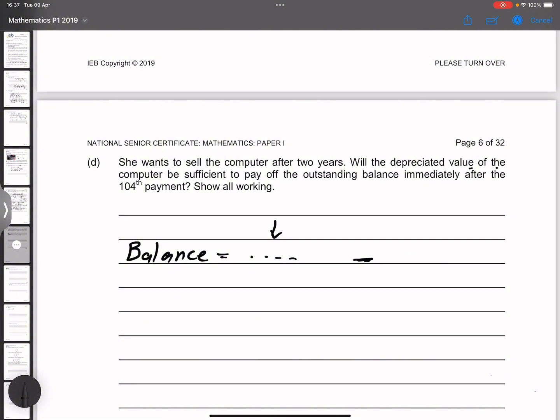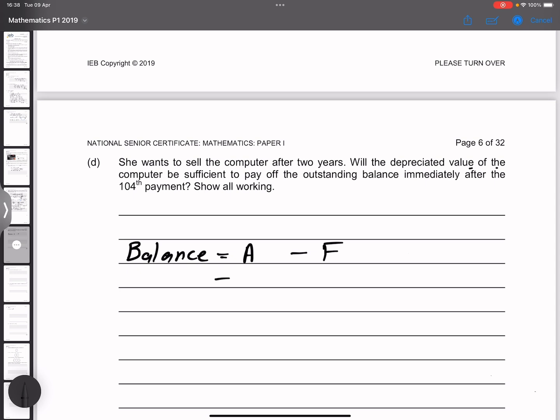So what are we going to look at? It will be minus the future value of this actual amount that she's paying on a monthly basis. So in this case, it's the accumulated amount minus the future value.